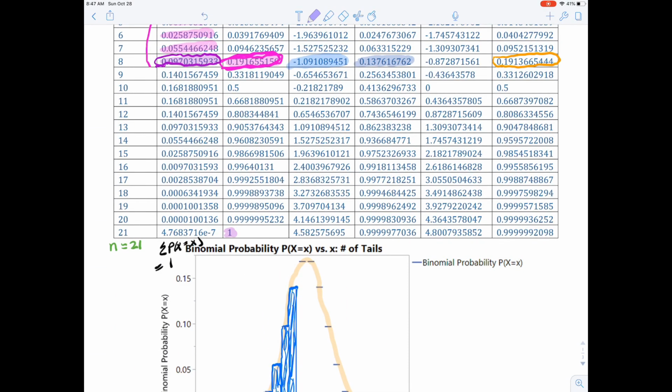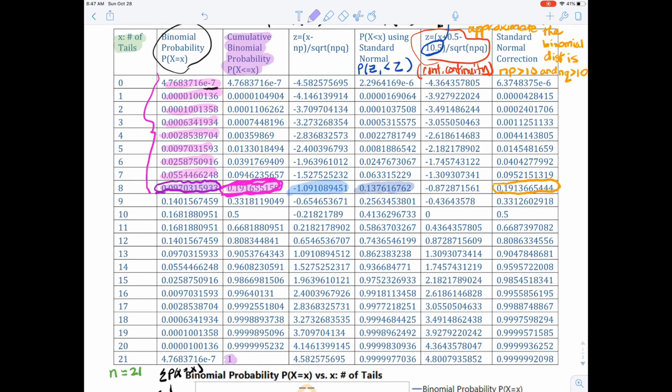So if I go here on my chart to my cumulative probability, do you see that I get 0.8083 approximately? Good so far? And remember, that gives me all of these possibilities, and they're added all up.